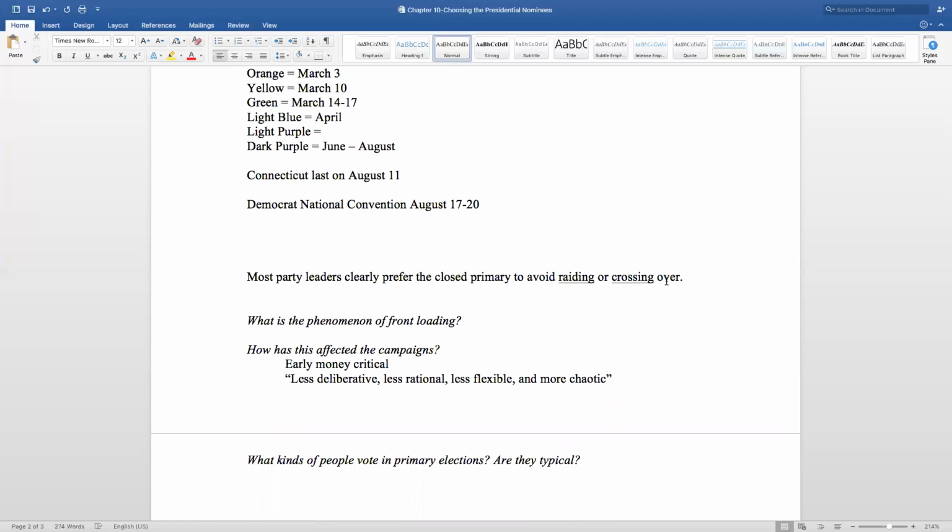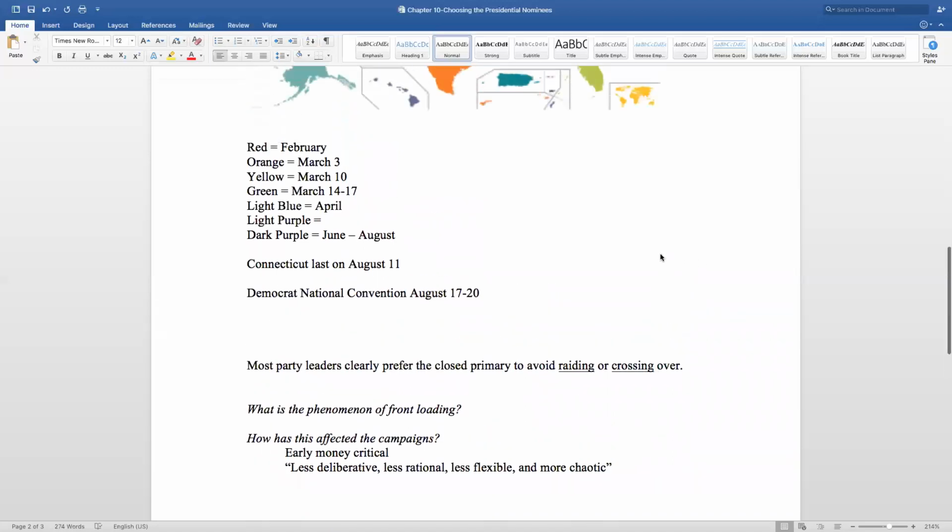That's crossing over. Raiding is when you specifically go to an open primary or caucus to cause problems. So one way to do this would be get a bunch of people, go to an open primary caucus, and vote for the worst candidate in order to try to influence that election. So some things you've got to be aware of if you do have an open primary or caucus, some problems.